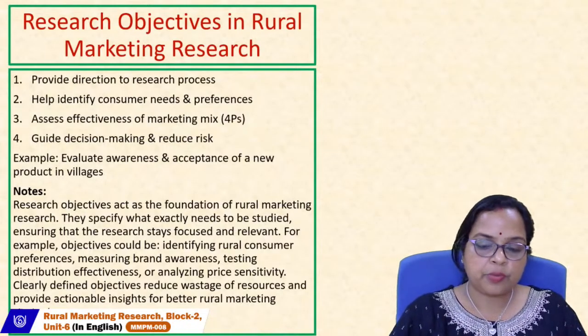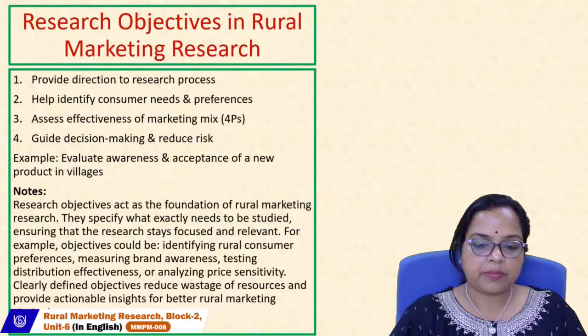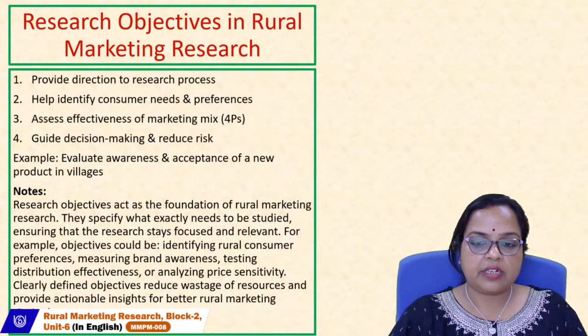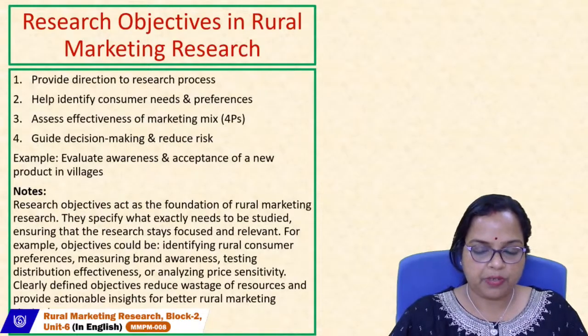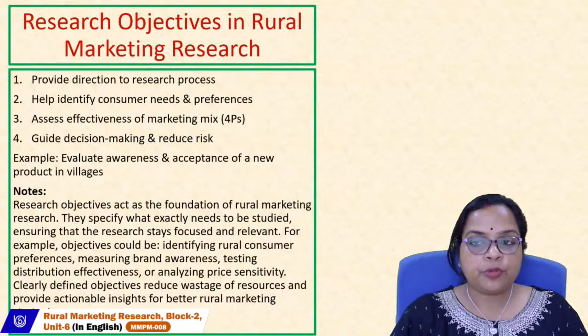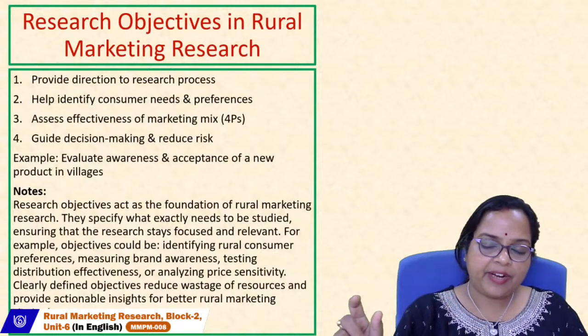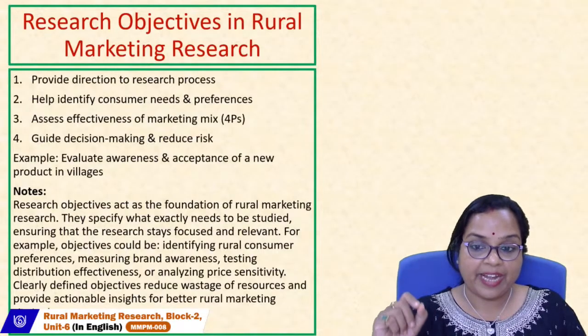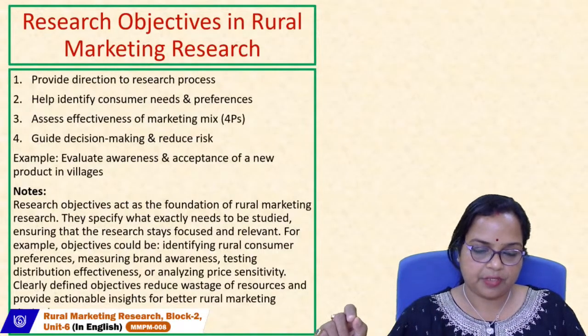Suppose the research problem is that your product is not adopted by the villagers or by the village buyers, because they want a durable product, but your solar lantern is not that much adopted by people of this particular rural belt. So if you have identified the research problem, then you are going to write the exact research objectives.